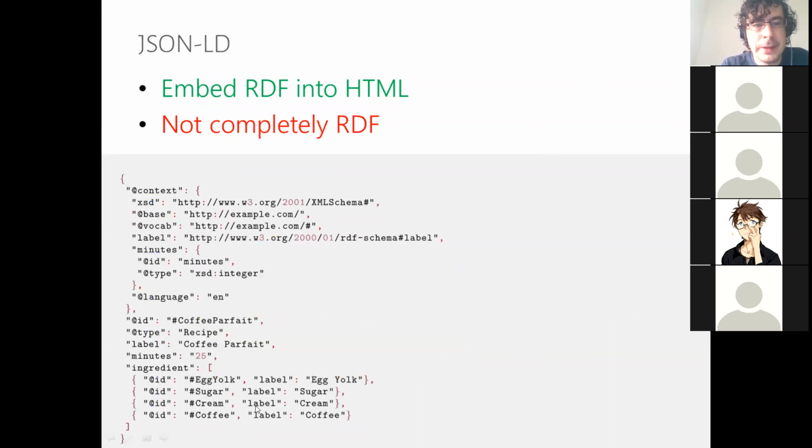It's slightly different. We also have JSON-LD. JSON-LD is essentially a way of converting JSON documents into linked data, or into essentially almost RDF. It has some slight differences with RDF, but essentially we can consider it to be an RDF syntax, because those differences we can change. So what happens is essentially we define somehow a context.